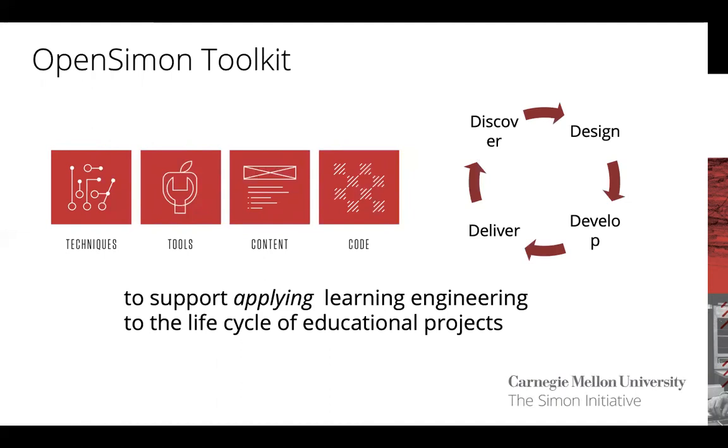And we are really excited about the number of tools that we're releasing under an open license. But we think that thinking about this more holistically in terms of understanding what the techniques are that we're trying to get out in the world, how these tools support these techniques, and what some of the underlying instrumented content can be, ends up giving a much richer and more useful sense of the toolkit and of its potential application.